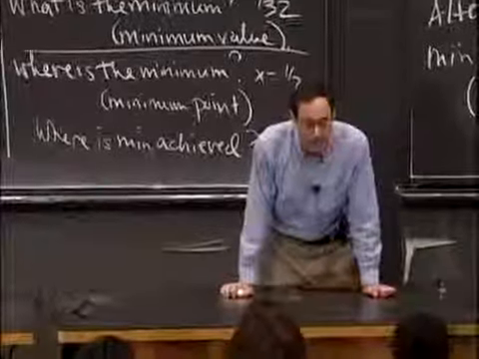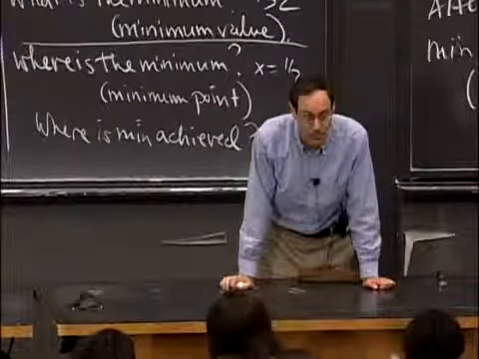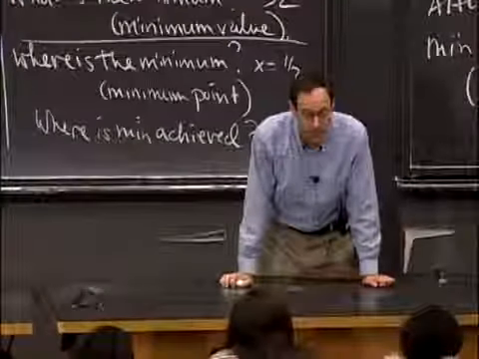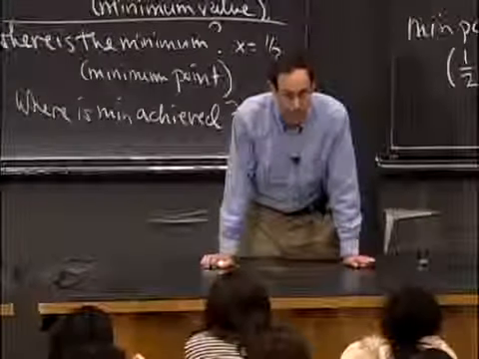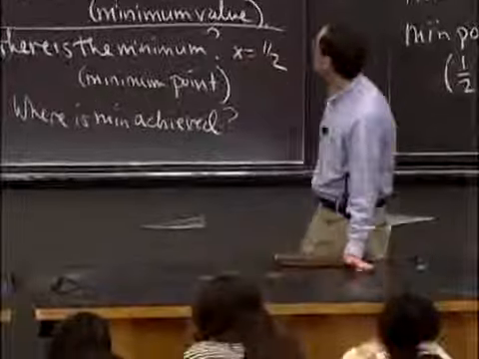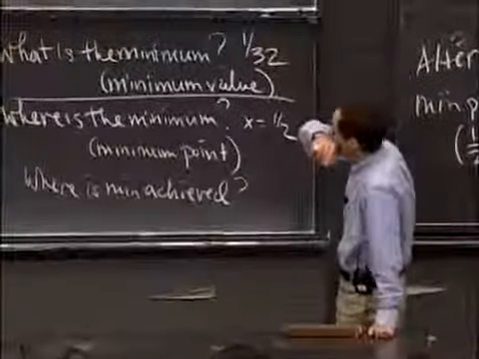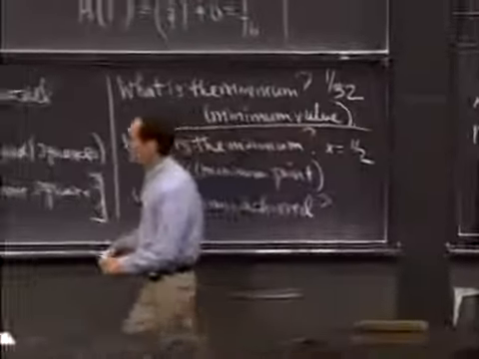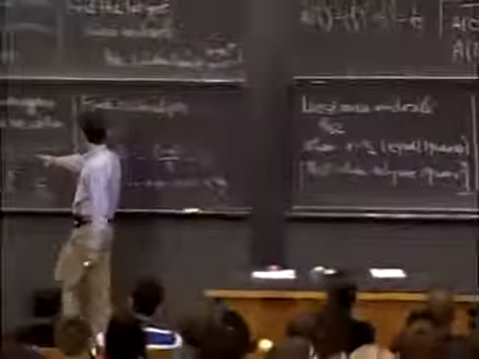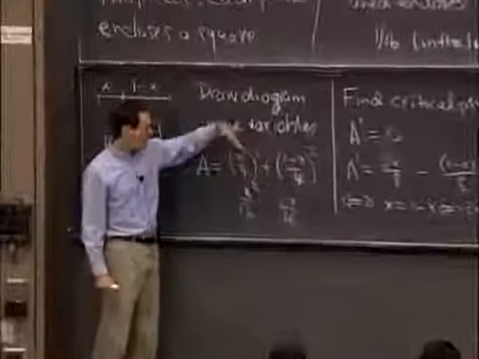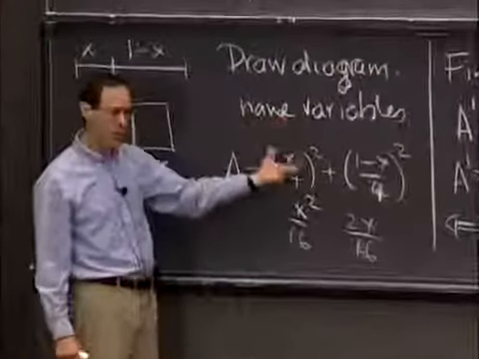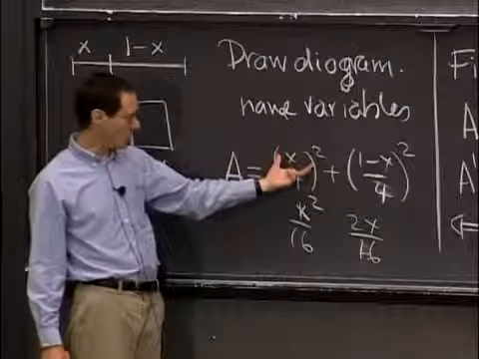Also, can we check whether it's a minimum or maximum point using the second derivative? Yes, the answer is yes, we can. In fact, you can also stare at this and see that it's a sum of squares, so it's always curving up. It's a parabola with a positive second coefficient.